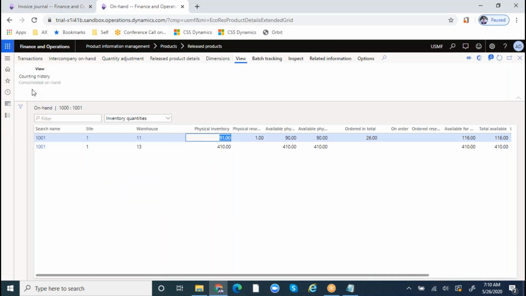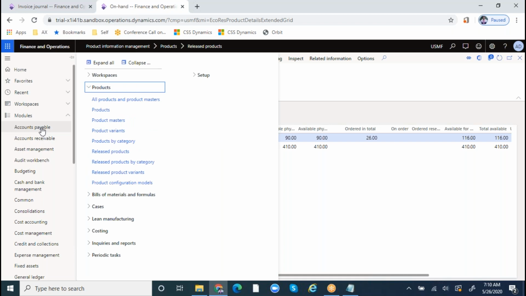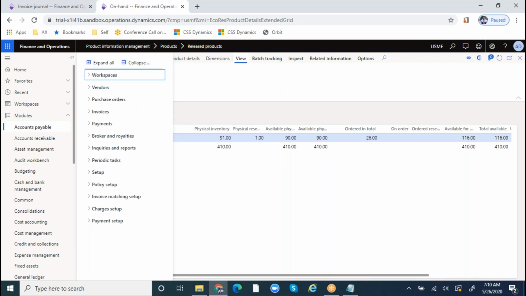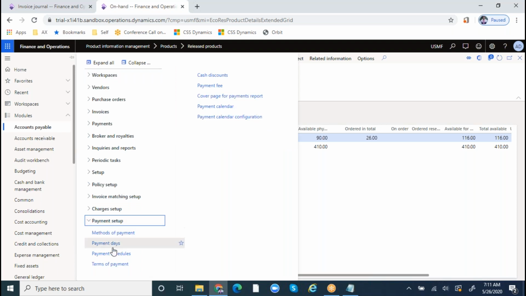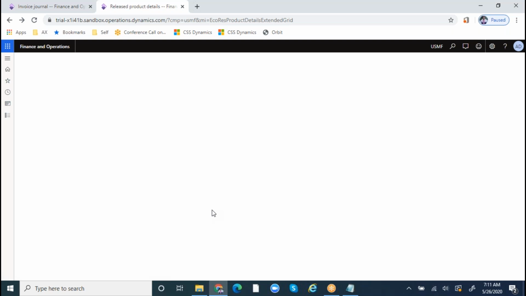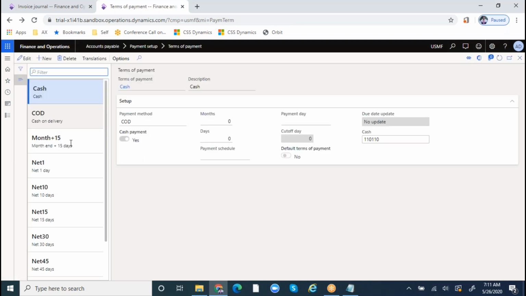Let us understand this terms of payment. I have opened a duplicate browser. Once again, I'm going to the accounts payable module, collapse all. Under payment setup, there is terms of payment, a small form.